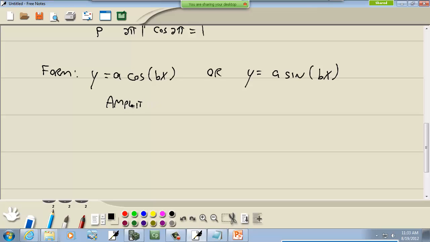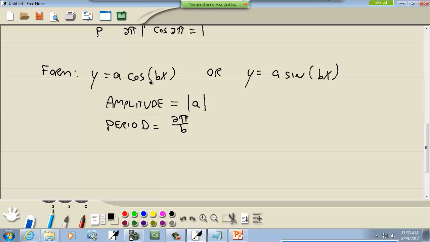Not that I can spell it. Amplitude is going to equal the absolute value of a. Your period is going to equal 2 pi over b.